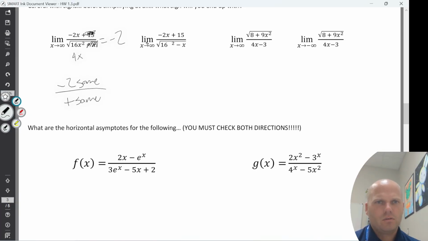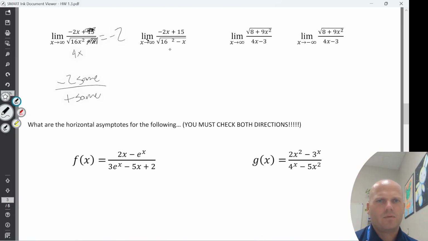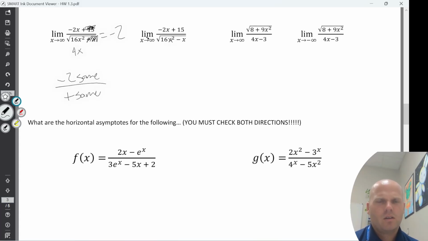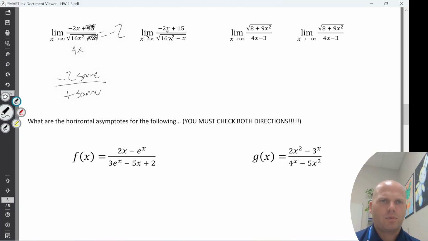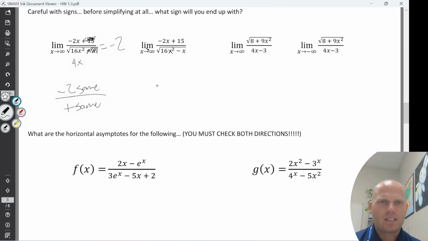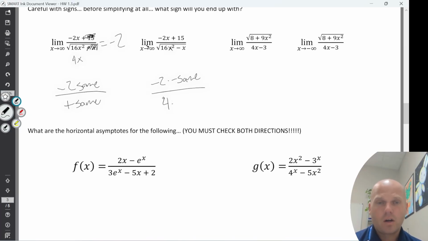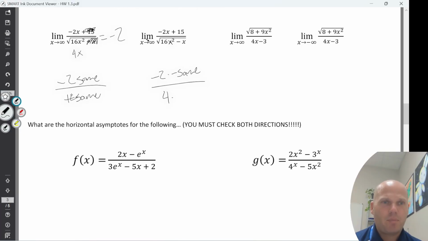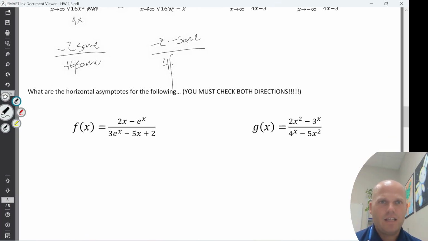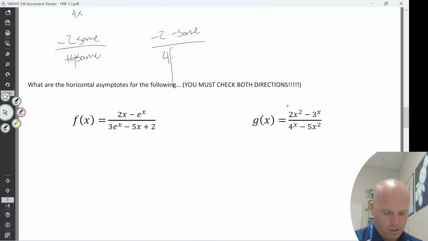Now, we made a mistake here. This should be a negative, and this should be an x squared. Because the idea is if you plug in negative infinity, it ends up being the same thing, only it's a negative 2 times a negative same over 4 times a positive same.